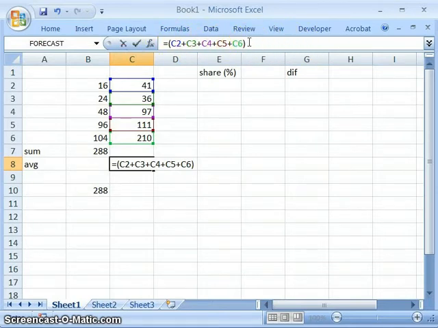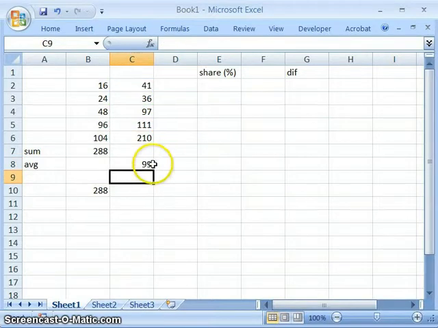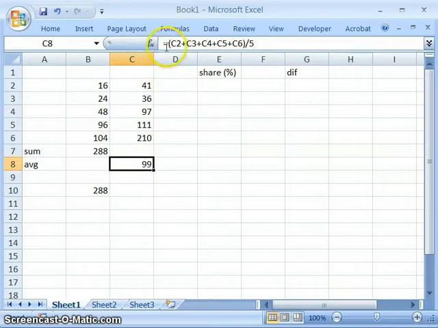And then we're going to divide, and the divide sign is the slash sign, and there were 5 numbers, so we're going to divide by 5. I just typed in the 5, and then I hit enter, and I get the average. Again, here I get the value, and the formula up here. So that's another way you can get the average.